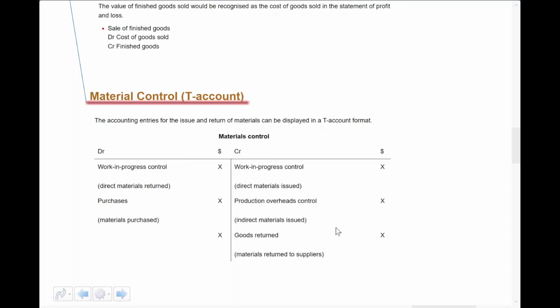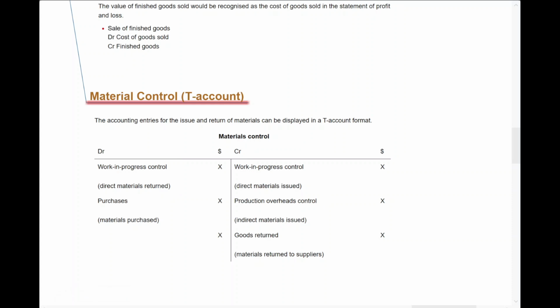And what you'll see here is the entries that I referred to up top. Yeah, the work in progress control entry, the purchases, etc., where, for example, direct materials issued, indirect materials issued, materials returned to suppliers. So you'll see the debit and credit sides of what we referred to in the diagram above.